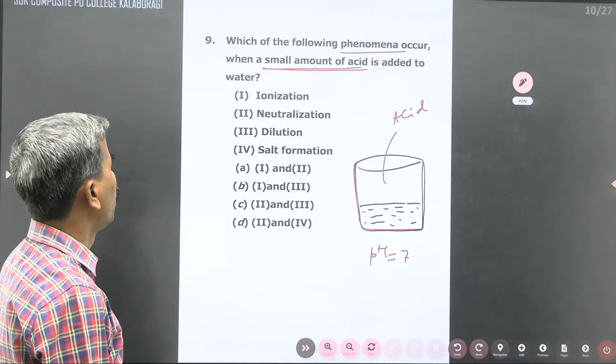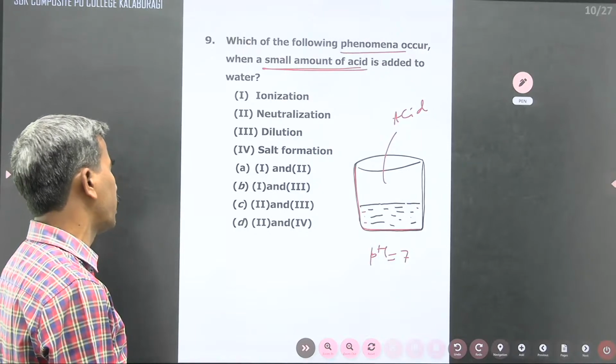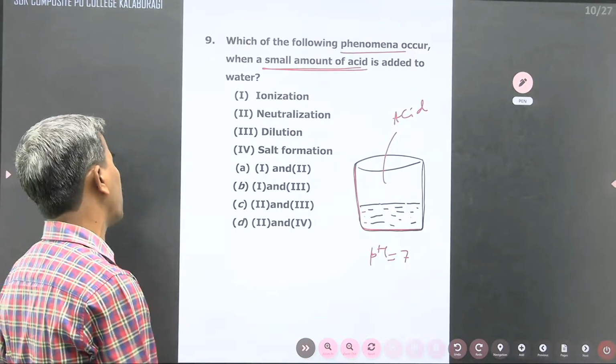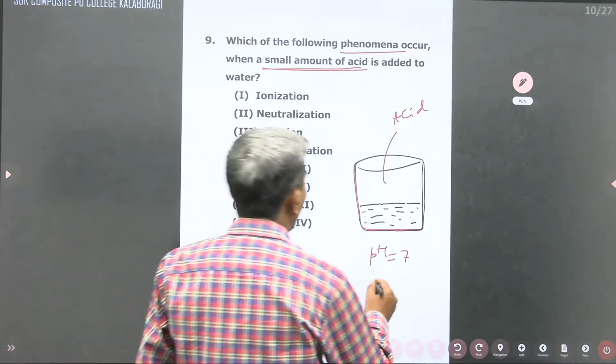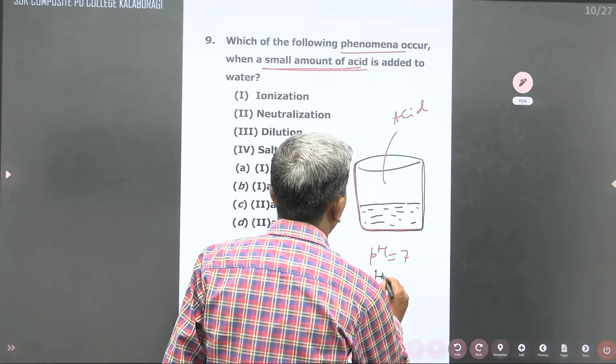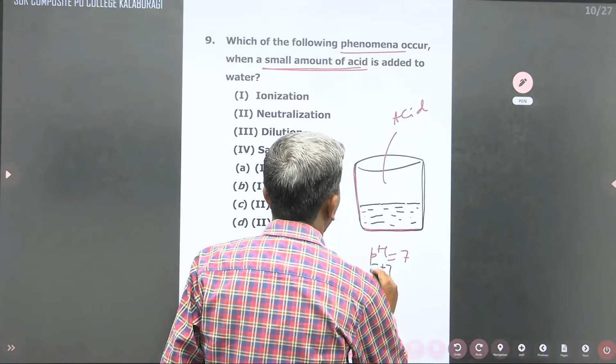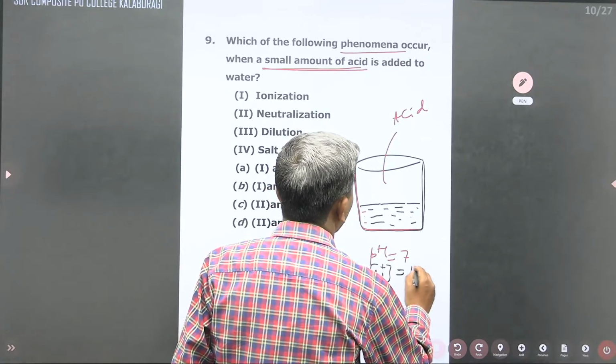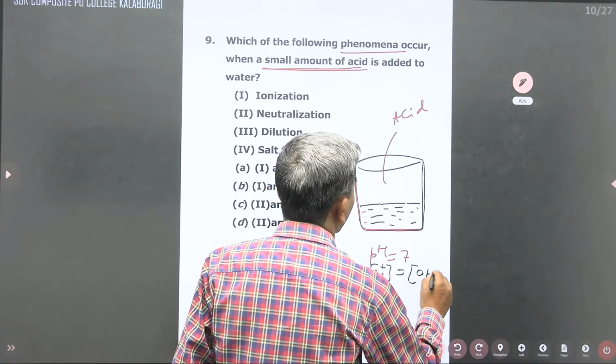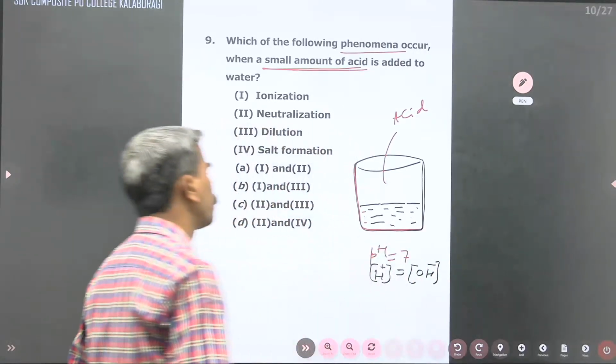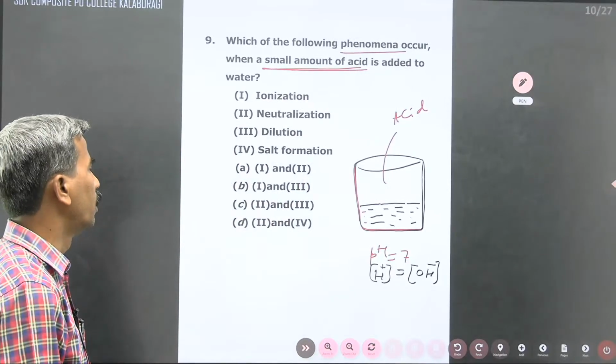If the pH of water is 7, it means the concentration of H plus is equal to the concentration of OH minus. That you are supposed to remember. That is neutral.